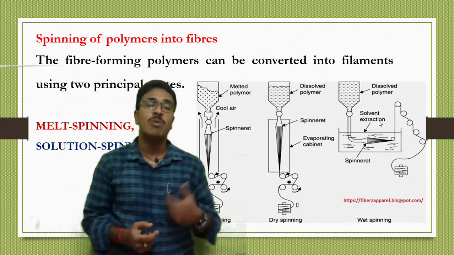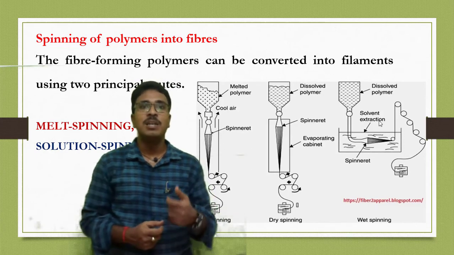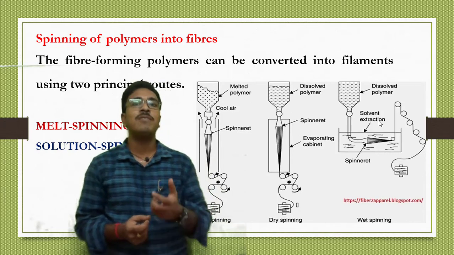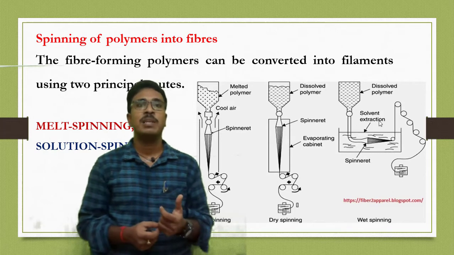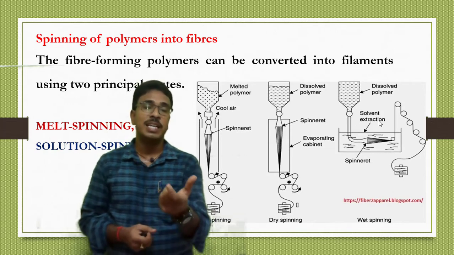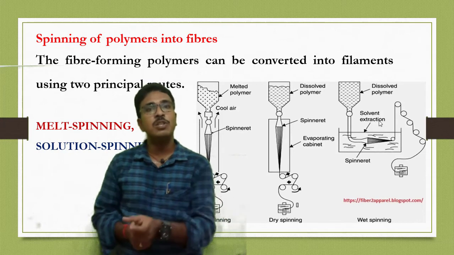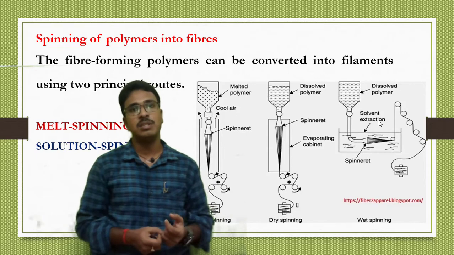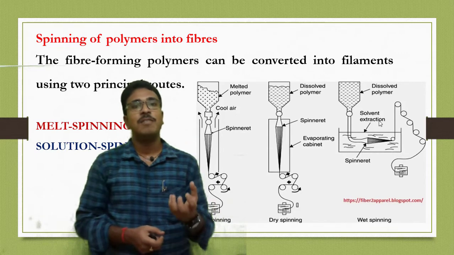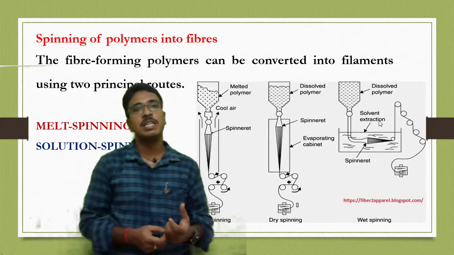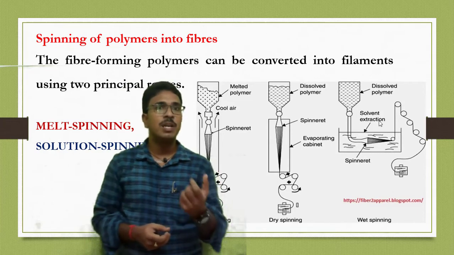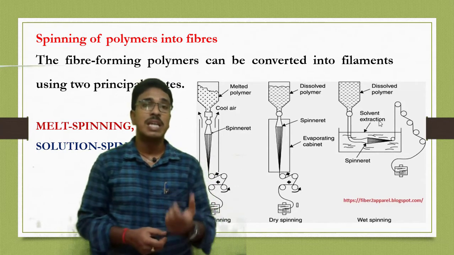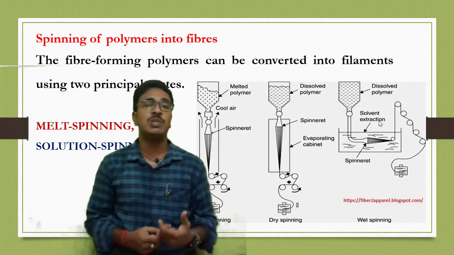Is it right? To avoid that kind of problem, soon after the filament is produced, we have to make the filaments solidify in case of melt spinning, and in case of solution spinning, we have to remove the solvent which is there in the solution. Understand? After that, we apply some finish, which is nothing but spin finish, which removes the static charges and also provides some lubrication to the filaments.